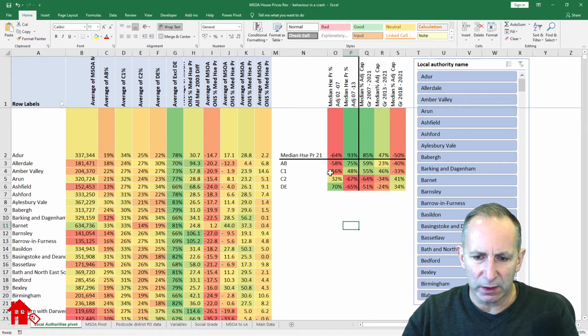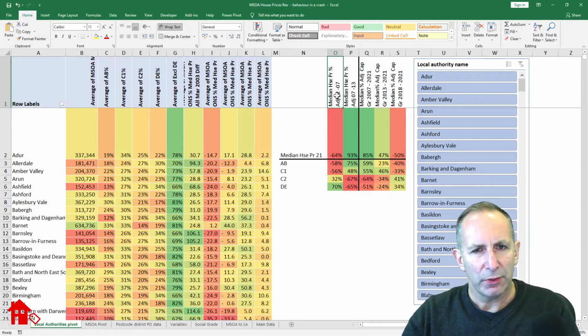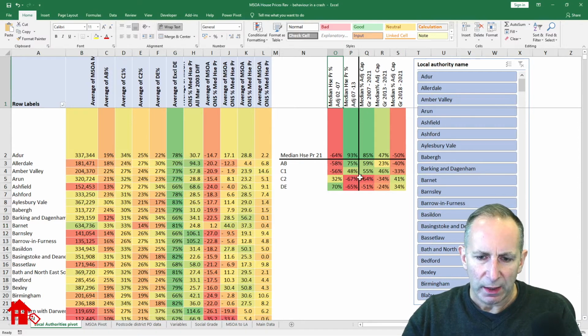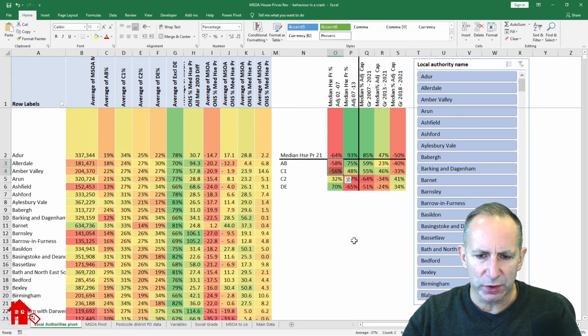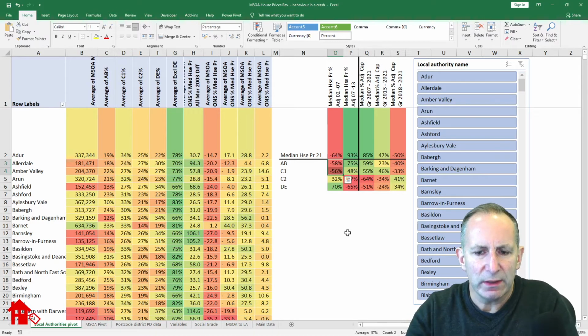So one of the big correlations that I've found is that looking at the historic data going back to 2002 and 2007, so this would be the market on the way up in the last property cycle, we can see here that areas dominated by social grade AB tended to not rise in value as much as areas dominated by C2 and DE.